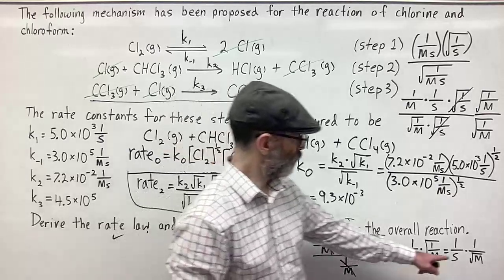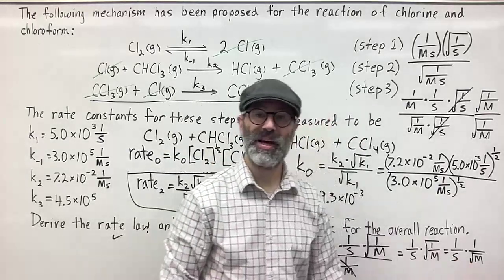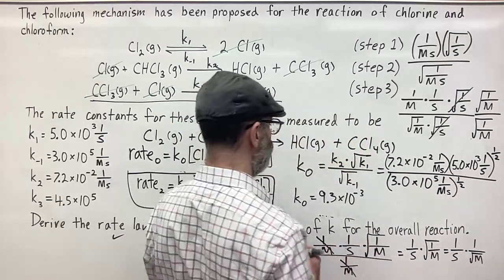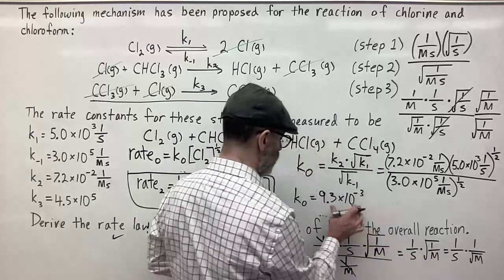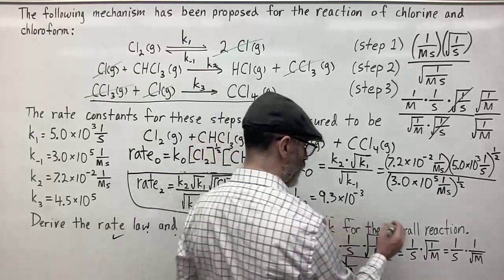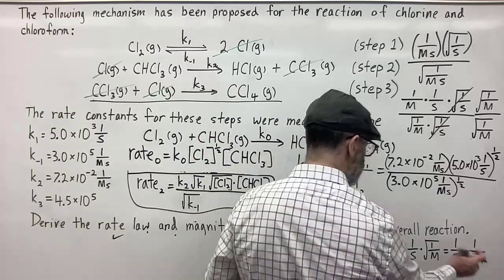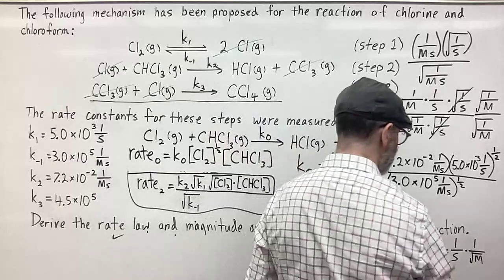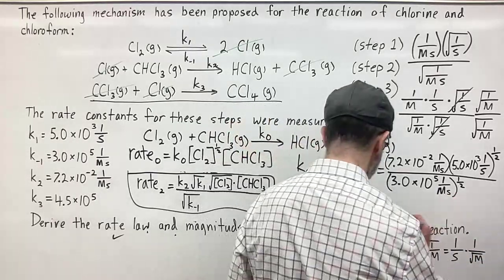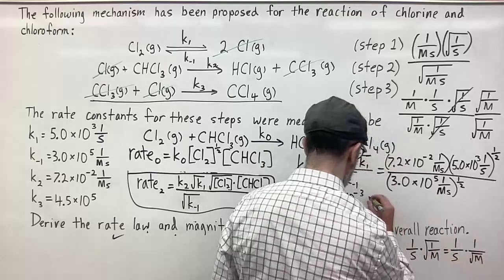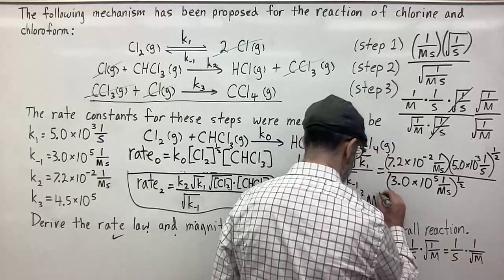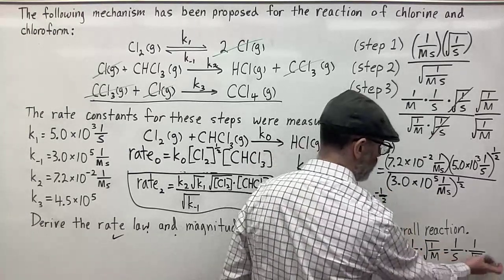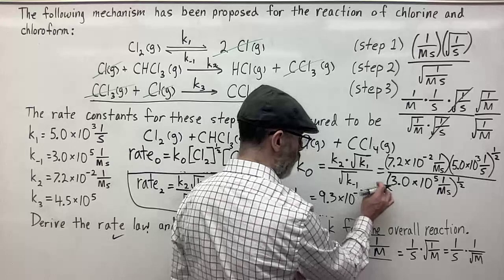And again, we can rewrite the square root of molarity as molarity to the 1/2. So now we can write the units of KO. The units of KO in our answer are going to be molarity to the 1/2 in the denominator, but if we bring that up, it's the same as molar to the negative 1/2, because when I bring this up, I change the sign of the power.